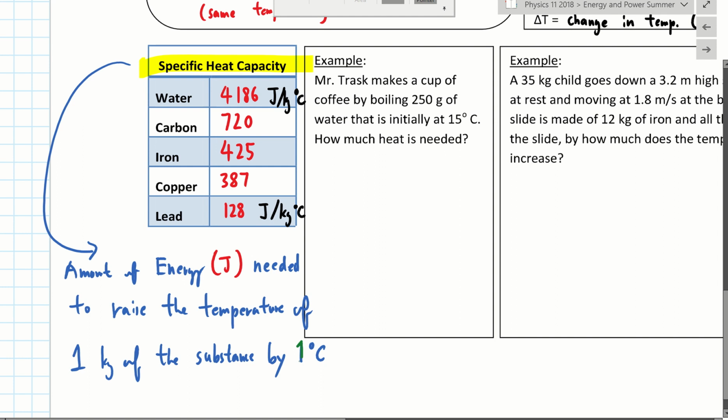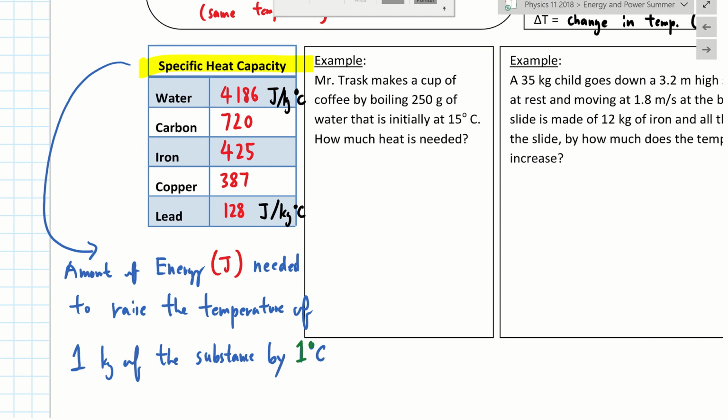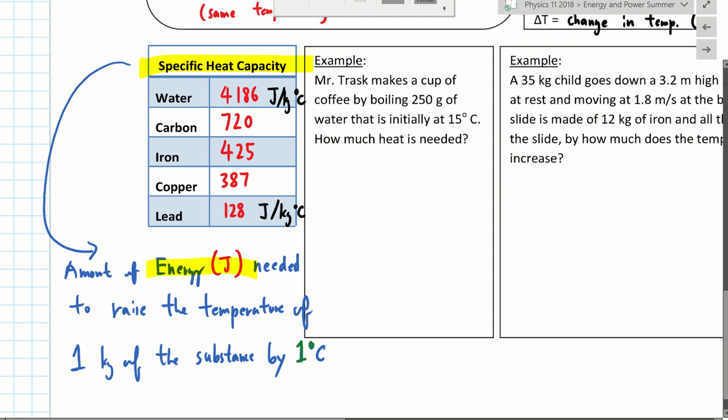Let's highlight this: it's the amount of energy to raise the temperature of 1 kilogram of the substance by 1 degree Celsius.